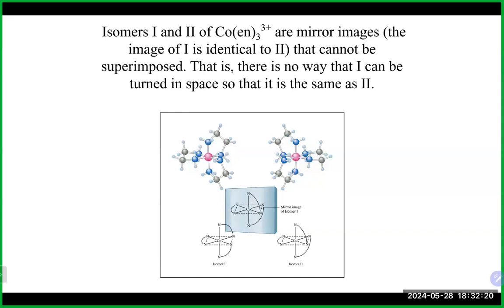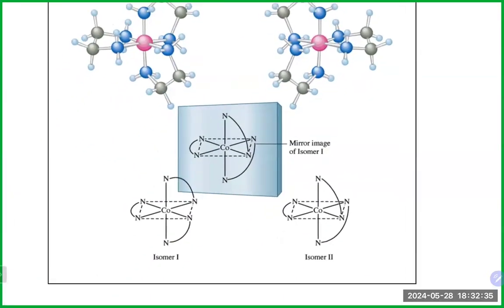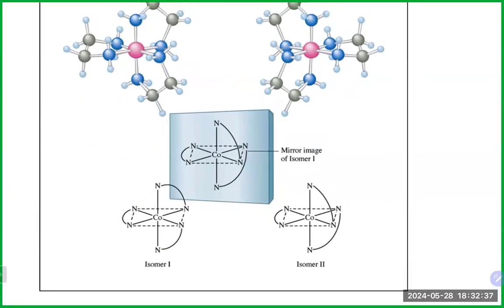Here, we're looking at a coordination number of 6 in this case, and this is our octahedral geometry. If we look at this, number 1 and number 2 are mirror images that cannot be superimposed on each other. So this is our original structure here. And when it gets reflected in the mirror, this guy is going to reflect, and then this guy is going to reflect in the back.